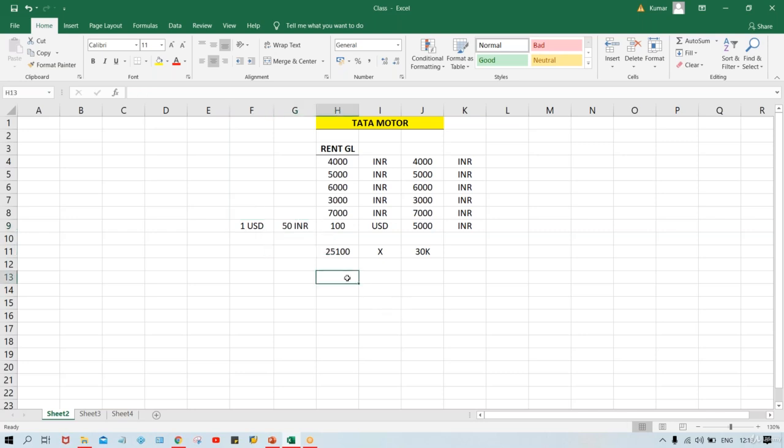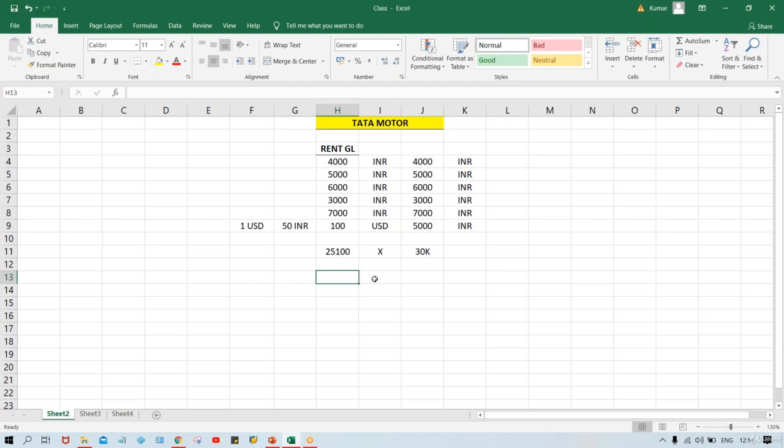Say, for example, here I have put an example. I have created the settings, and I am assuming that this Tata Motors is existing in India, so local currency is going to be treated as INR. If your company is located in a different country, then that country's currency is going to be your local currency, and other than your local currency, whichever other currencies are there will be treated as foreign currency, right?